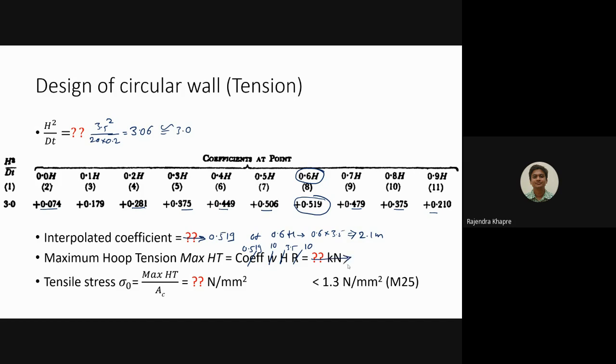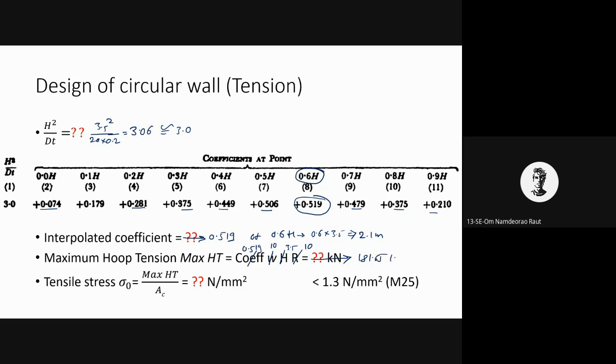Can anybody give me the value of maximum hoop tension? Sir, 181.65.